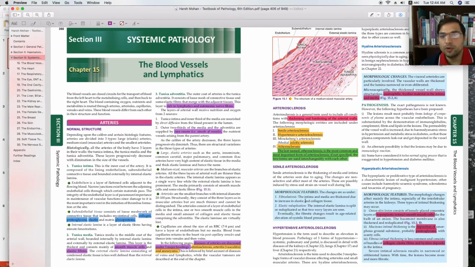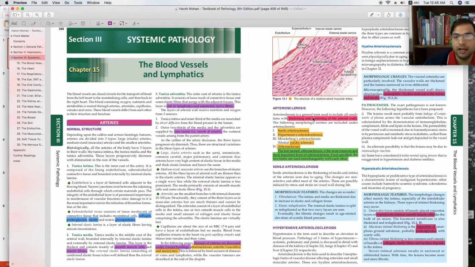Coming to arteriosclerosis. Arteriosclerosis is thickening and hardening of the arterial wall. Sclerosis means hardening. When the blood vessel walls become thicker than their normal size, and they also become hard, they lose their elasticity.